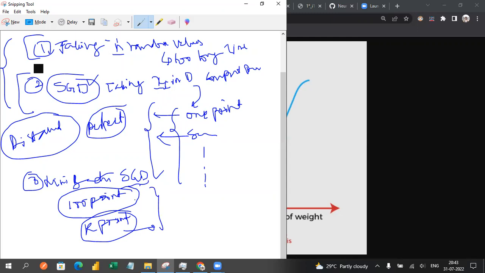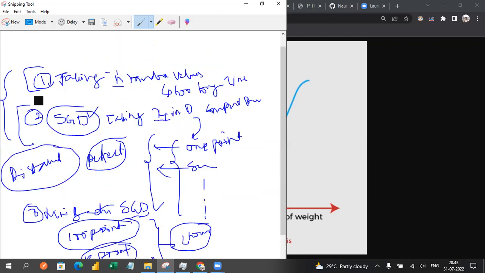If you take 100 points, it may take maybe 2 to 3 hours to compute. Is this much more efficient? Because we are applying it on top of the gradient descent algorithm, the idea is the same for stochastic gradient descent and mini batch SGD. The gradient descent algorithm is efficient to compute, but it takes a lot of time.